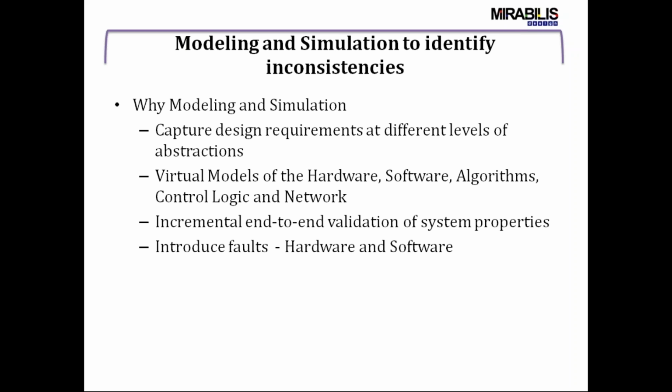So how exactly can modeling and simulation help in identifying the inconsistencies? You will be able to capture your design requirements at different levels of abstraction based on the level of detail that you have. Let us say, for example, you're creating a memory subsystem which includes a bus as part of the system, and you don't have enough information about which bus arbitration scheme you're going to utilize, based on how many masters are going to be there in the system platform.